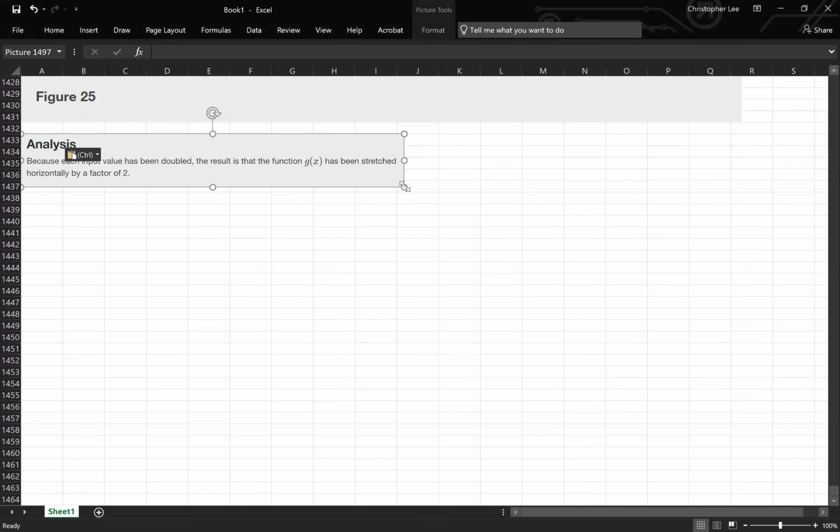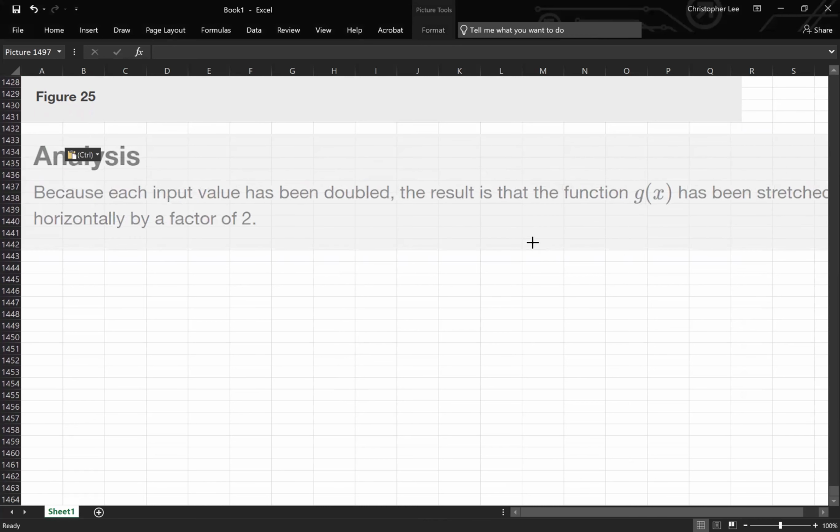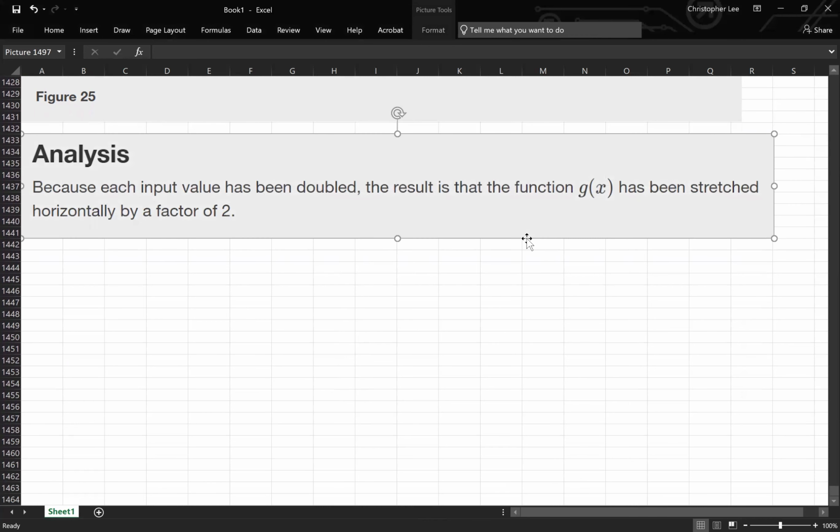Special note: because each input value had been doubled, the function g of x has been stretched horizontally by a factor of 2. All right? Okay.